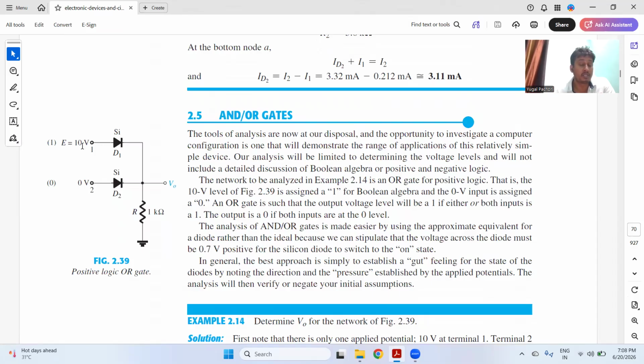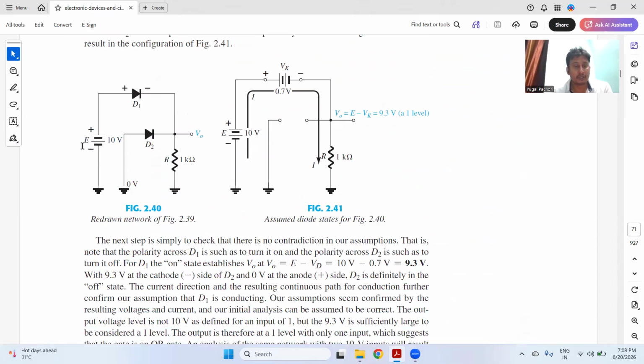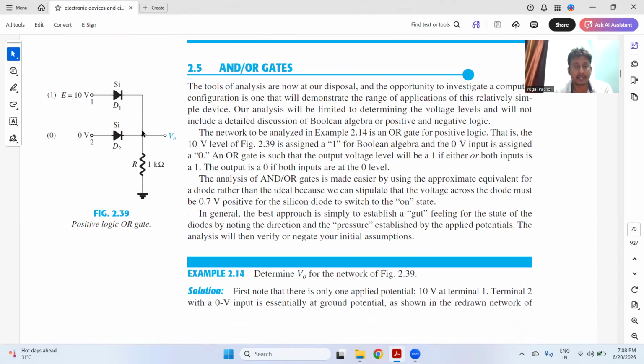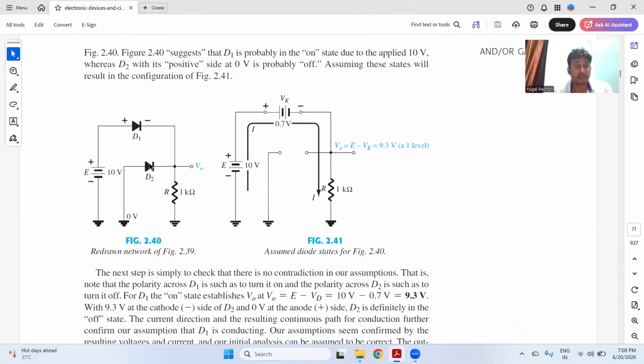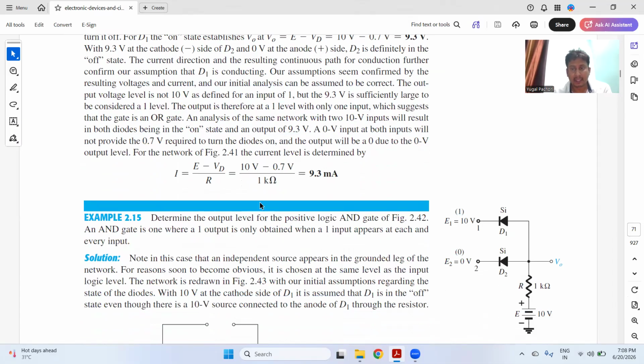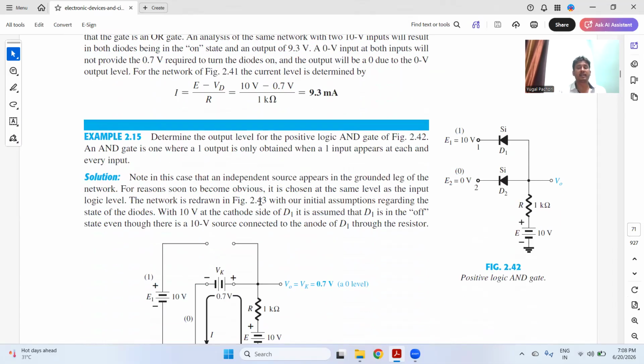If you're using a germanium diode, the drop will be less, it will be 0.3. So you can see the operation of this particular circuit. This is D1, this is D2, and you can see how they are connected using the Kirchhoff current law and the Kirchhoff voltage law. So these are circuits that can be realized very easily.